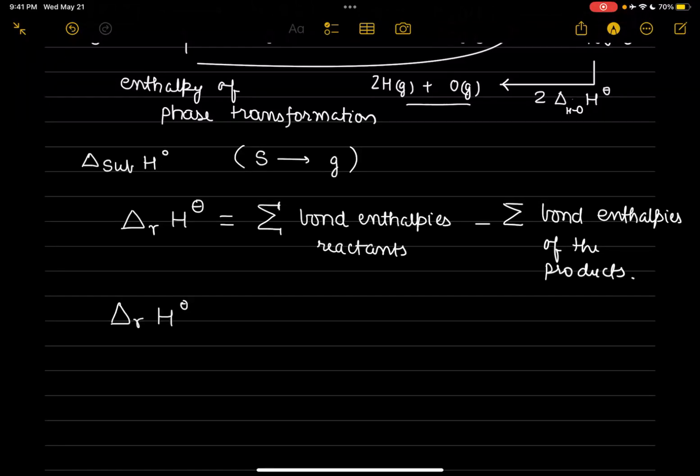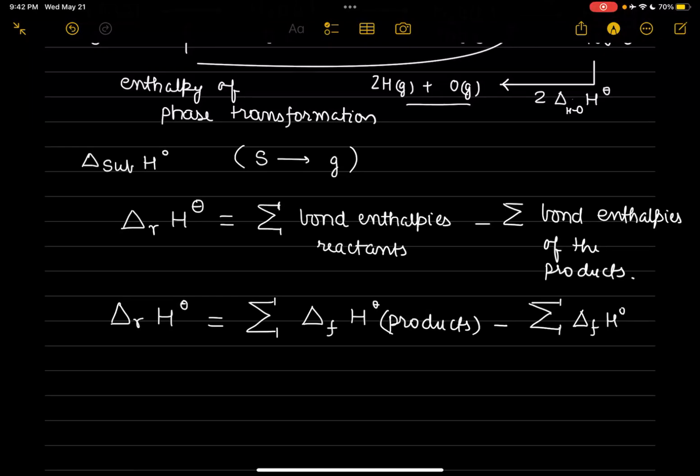If you want to calculate the standard enthalpy change for a reaction from the heats of formation, it is the sum of the enthalpies of formation of products minus the sum of the enthalpies of formation of reactants.